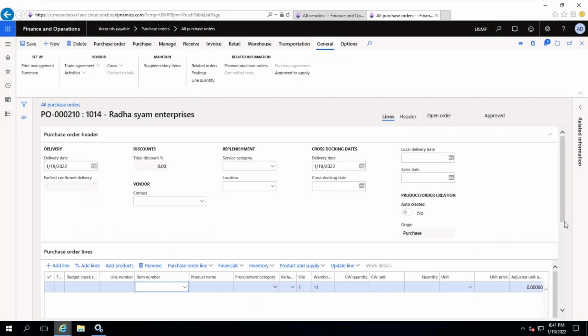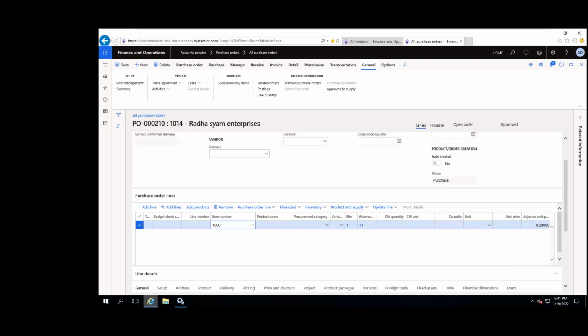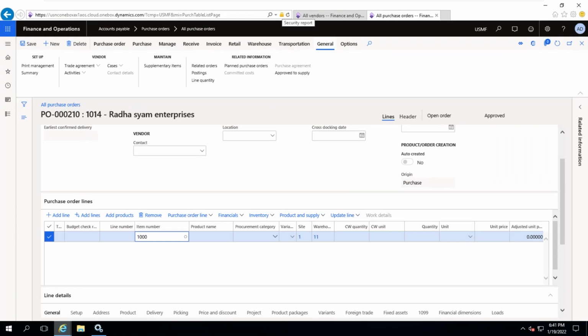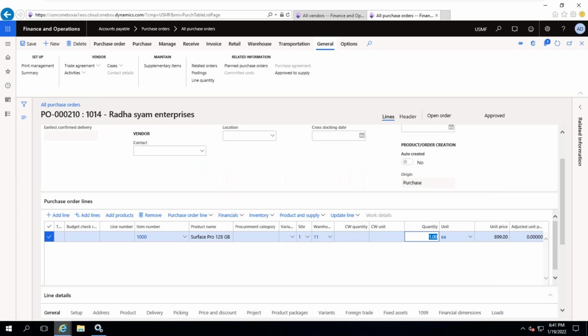Select the item number. Suppose we are purchasing item 1000, 10 quantity at the rate of 1000.